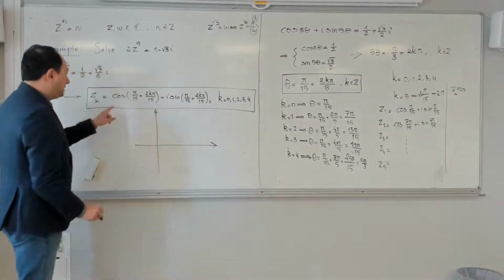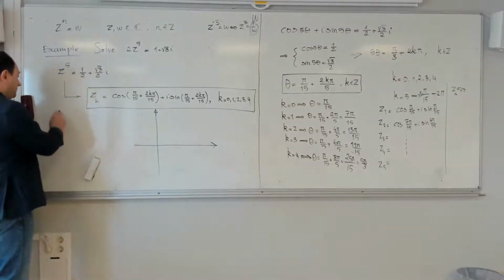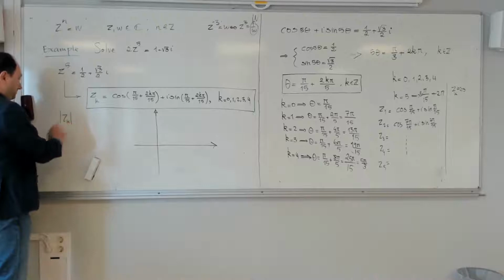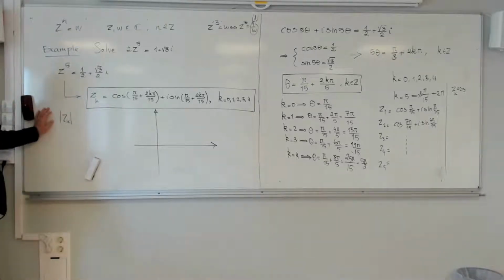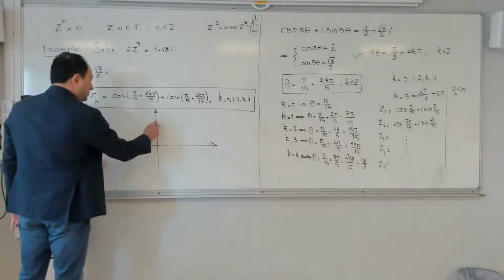If you want to see where these points lie, let us consider the absolute value of zk. Can you tell me what is the absolute value of zk for k equal to 0, 1, 2, up to 4? Yes, 1. So all of them have the distance equal to 1 from the origin. So all of them in this case lie on the unit circle.